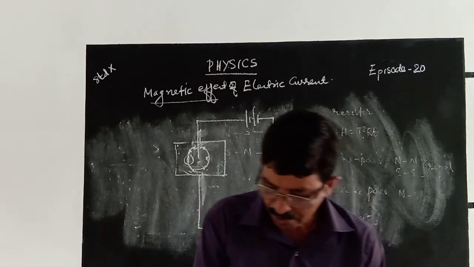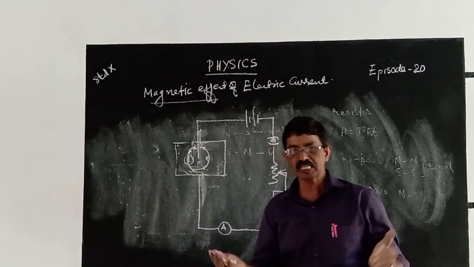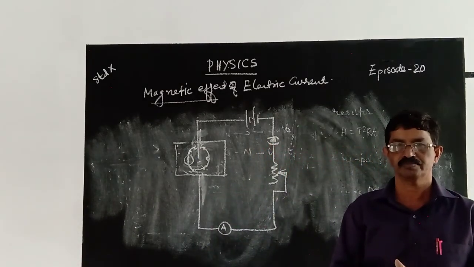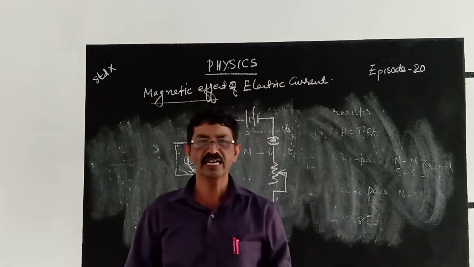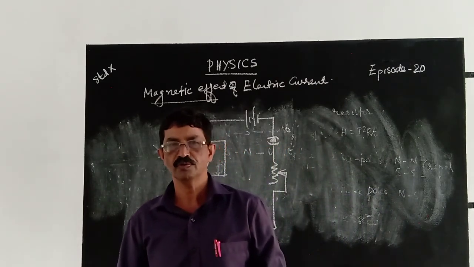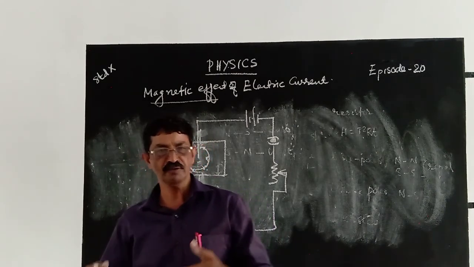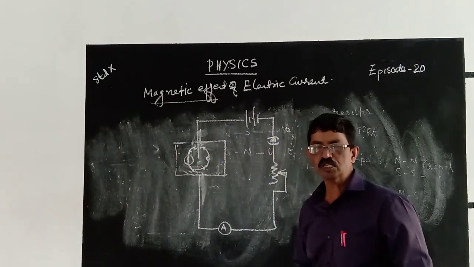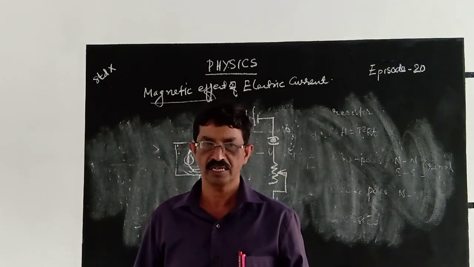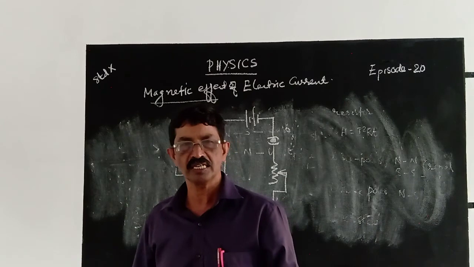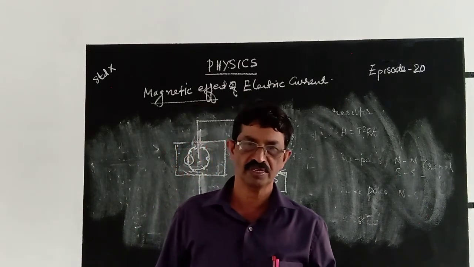Now, what are the things we discussed today? We discussed how a magnetic field is produced when a current passes through a conductor. That means whenever current passes through a conductor, a magnetic field is produced. We also discussed how we can find its direction.